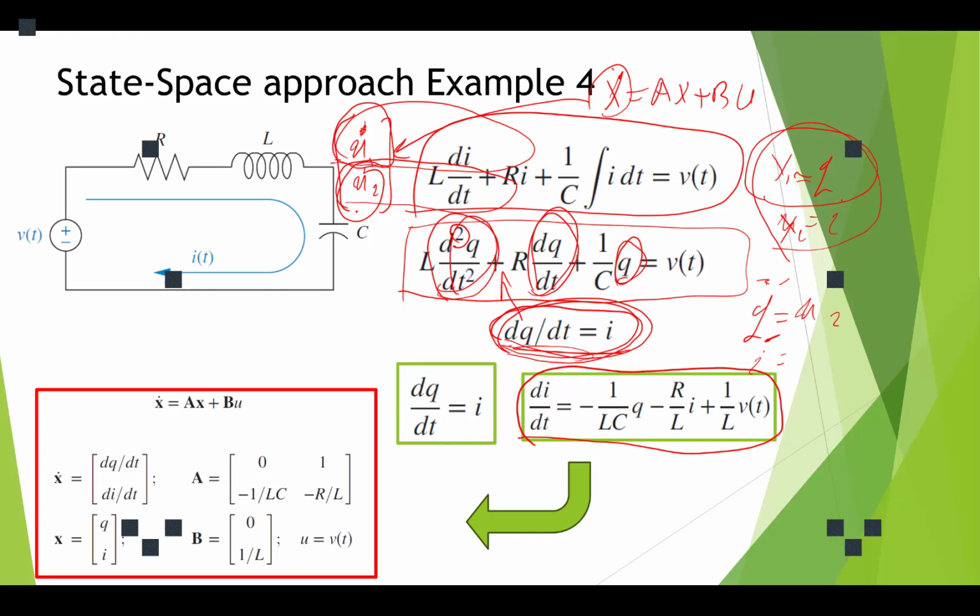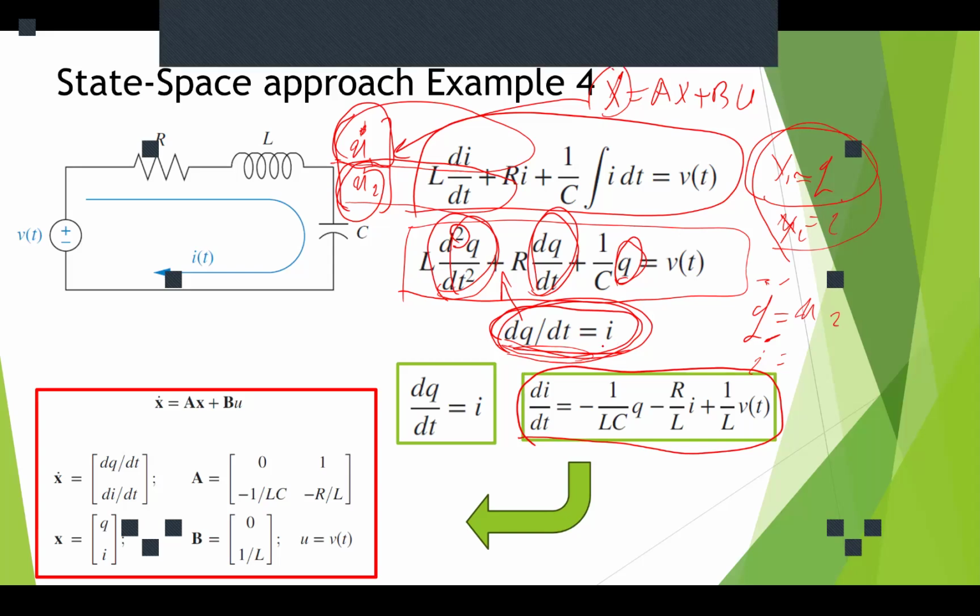So we need to build that equation based on what we have. What we have is that second order original equation. By using the definition that we had, dq over dt is equal to I, we can turn this differential equation into a first order differential equation that includes both of our state variables and the input.